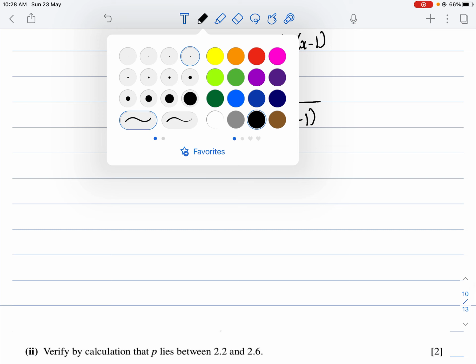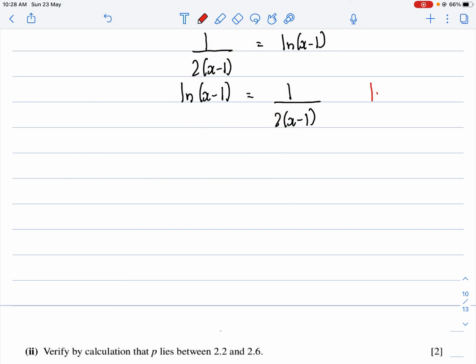Now, an important log property which I can use is that log of b with the base a is equal to c, which can be written as b equals a raised to c.